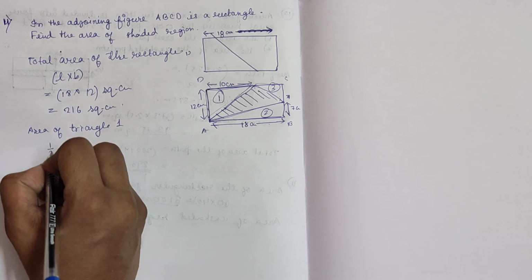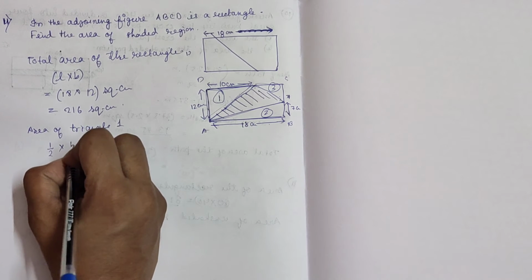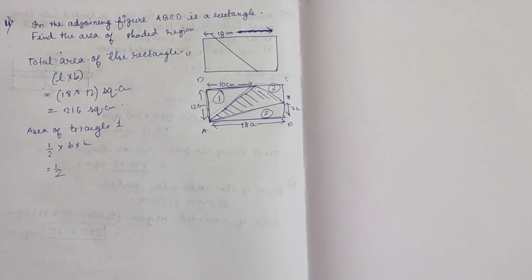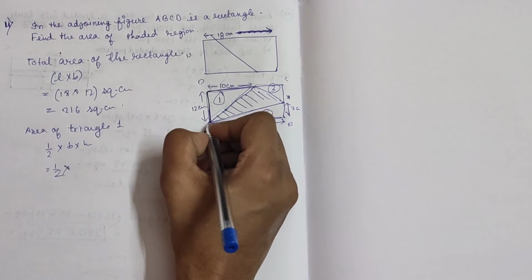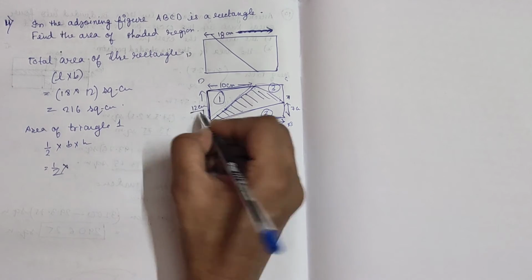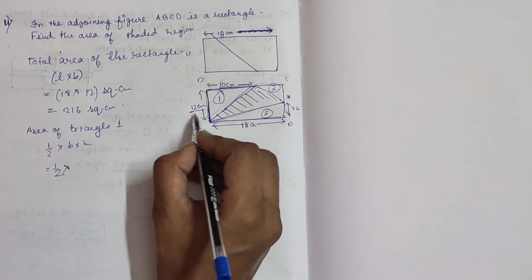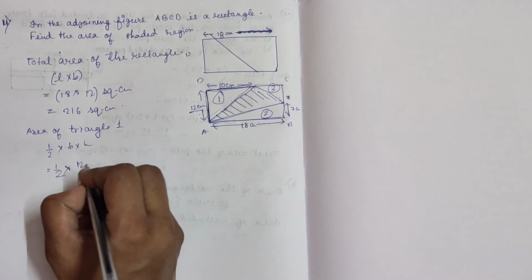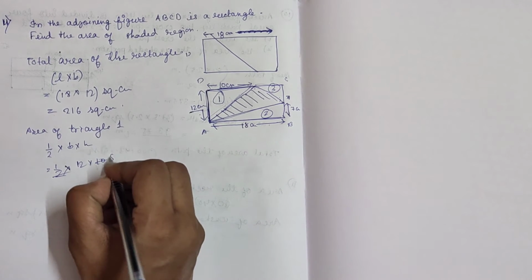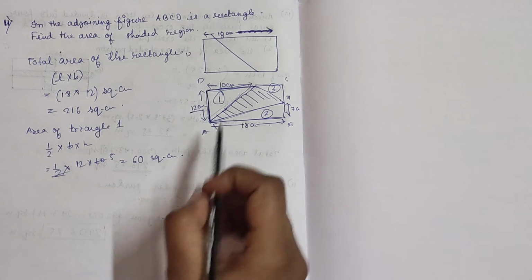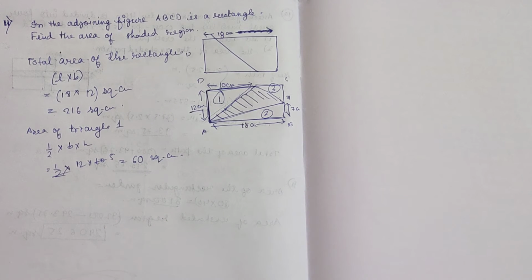We know area of a triangle is half into base into height. So this is half. If I take 12 as base, my height will be 10. So that is 60 square centimeter. Area of first triangle is 60 square centimeter.